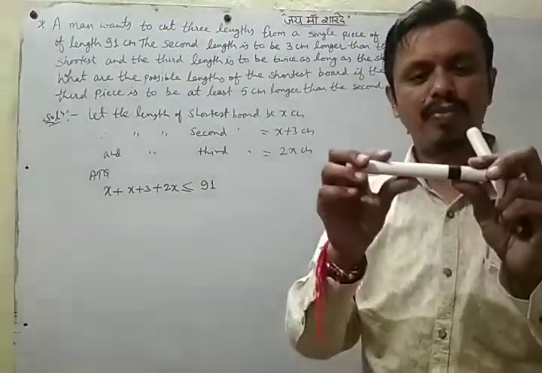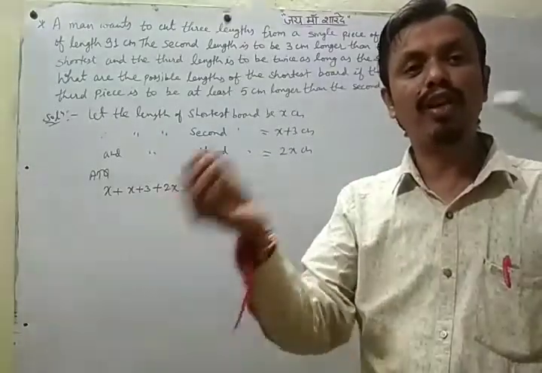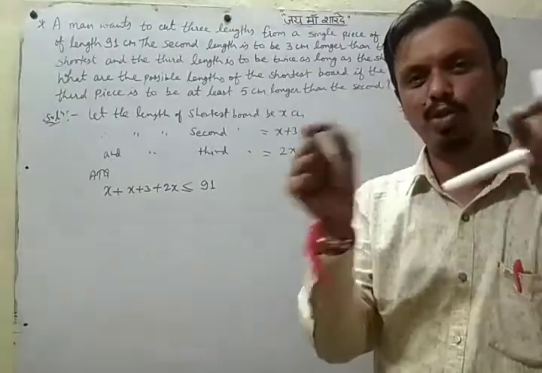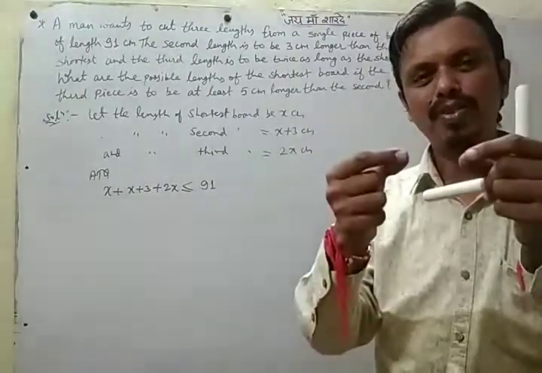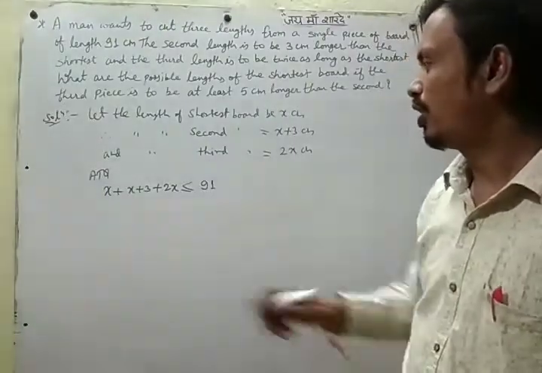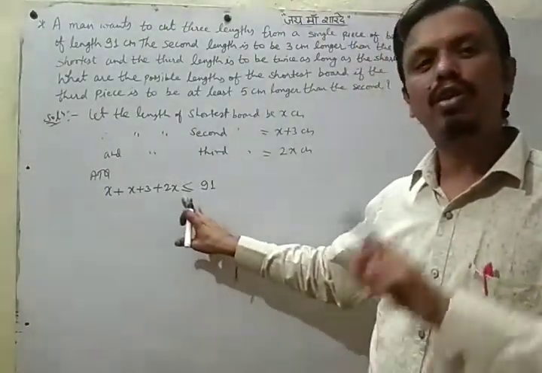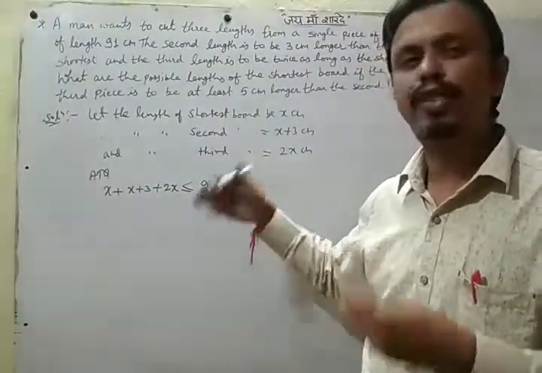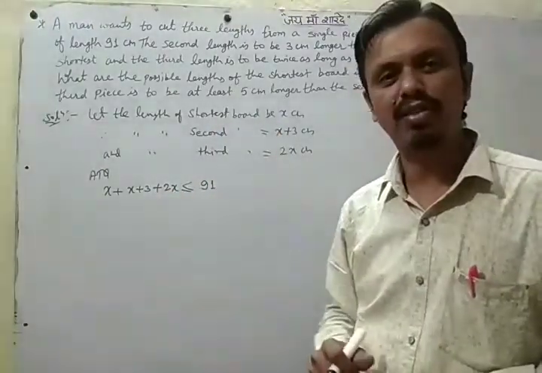Suppose one chalk piece is there. If we cut it into 2 pieces and again add them, we cannot get the complete chalk. There will be some loss. So it is less than or equal to 91. Maybe there is no loss, then 91. If there is some loss, it can be less than 91.